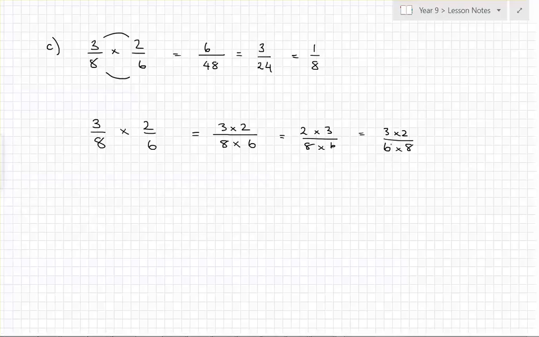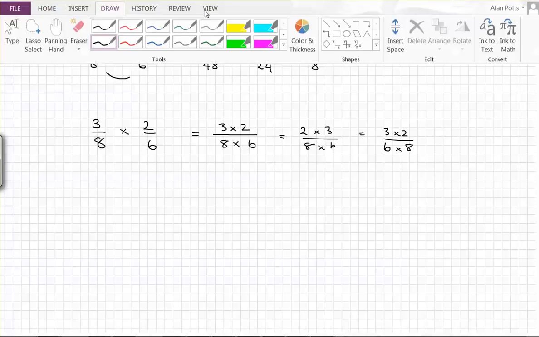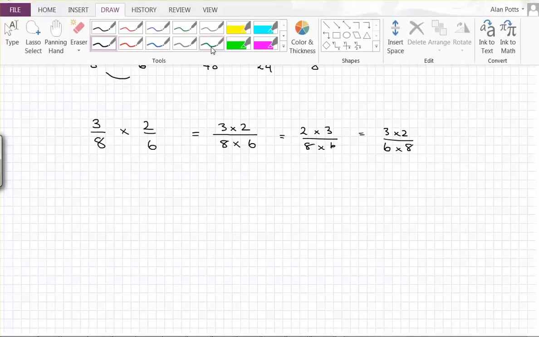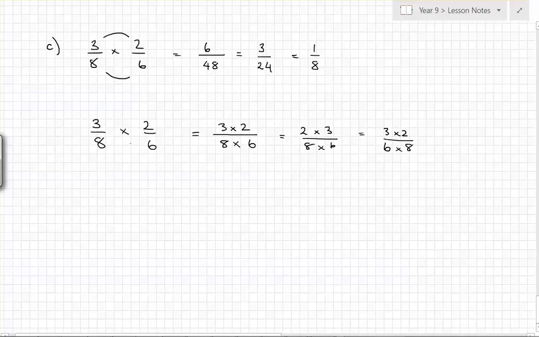Right. Now, the question is, does this help me simplify? What I'm going to look at first is, does either of these fractions simplify before I do the multiplication? The first one can, the second one can.